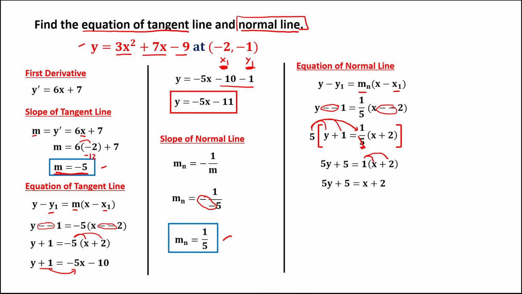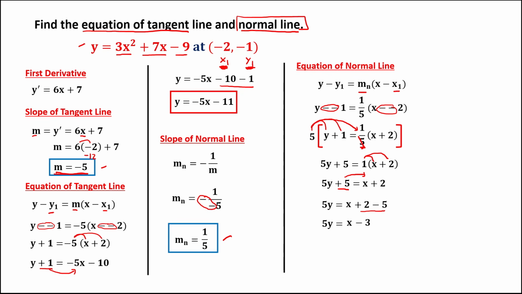Then we need to solve for y, so we transpose this positive 5 to the other side. So 5y equals x plus 2, and this positive 5 becomes negative 5. Then 5y equals x, and positive 2 and negative 5 is negative 3.